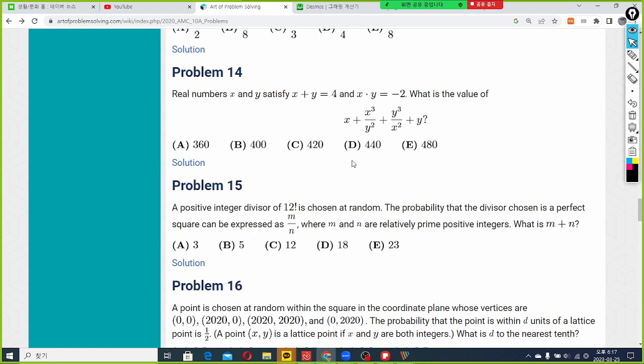Number 14 in this, how can I say? A lot of calculation, I would say. I mean algebraic calculation, not using calculator.